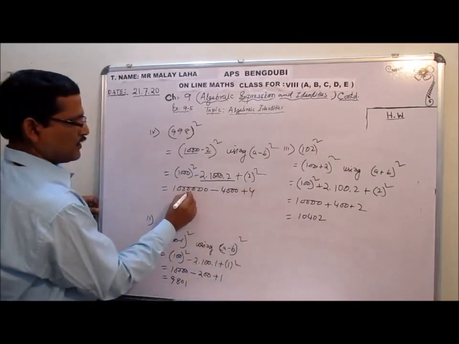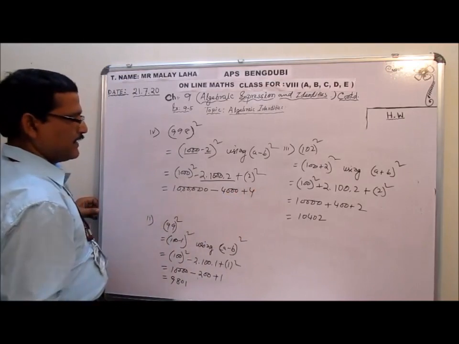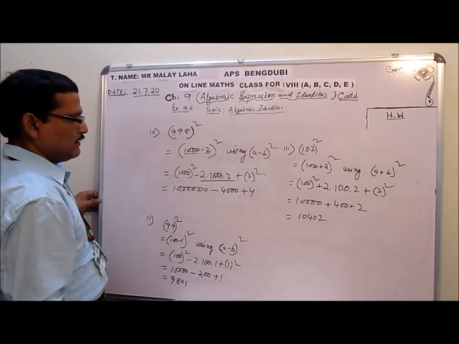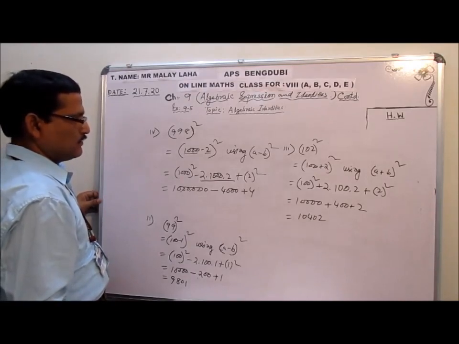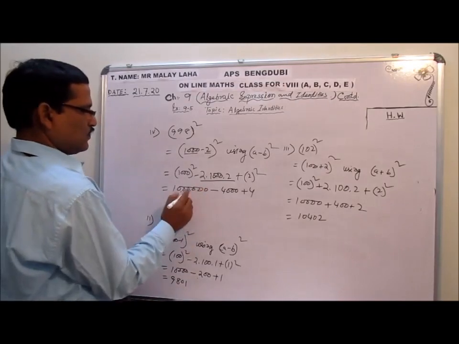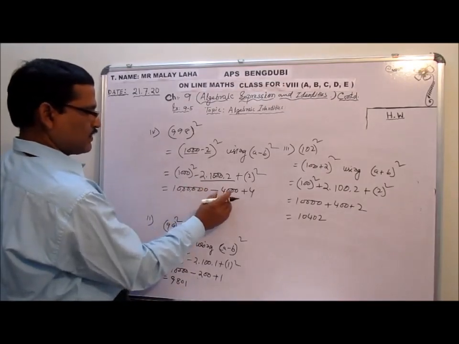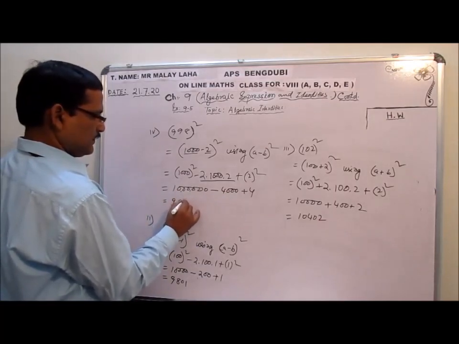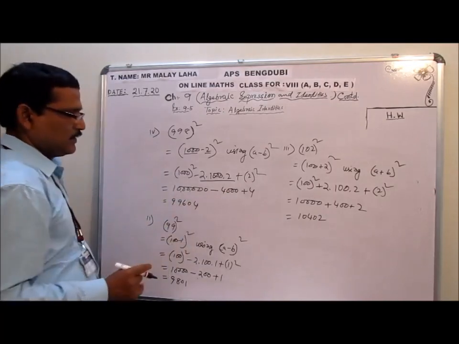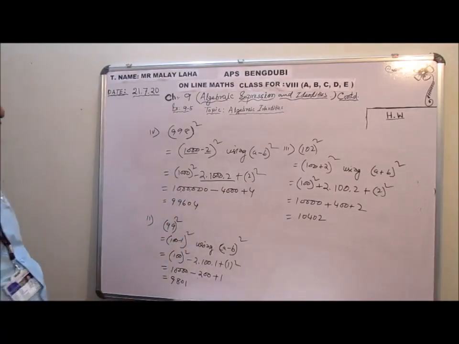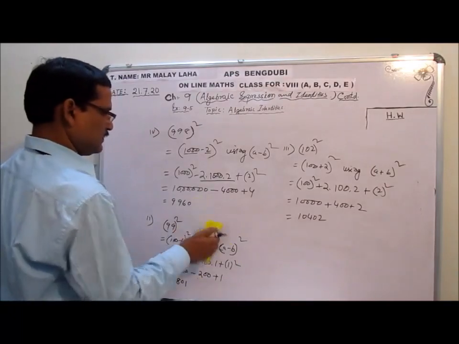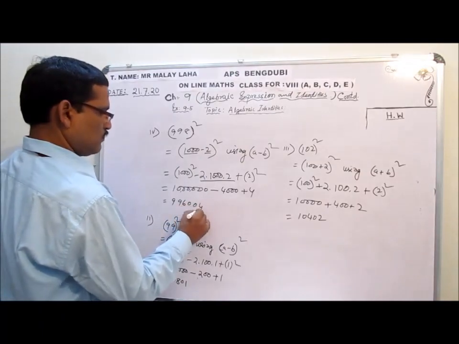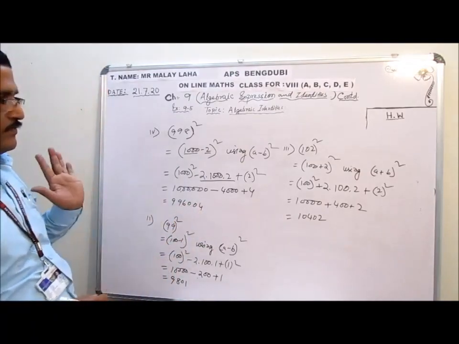So 10 lakh minus 4000 will be 9 lakh 96,000, plus 4, so 9 lakh 96,004.